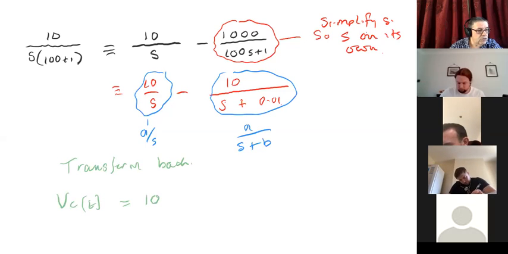When you transform back, constant 10. Follow me or not? And this one is 10 times e to the minus 0.01t.